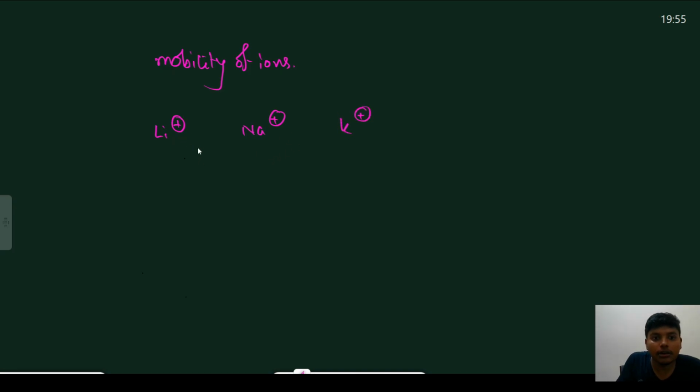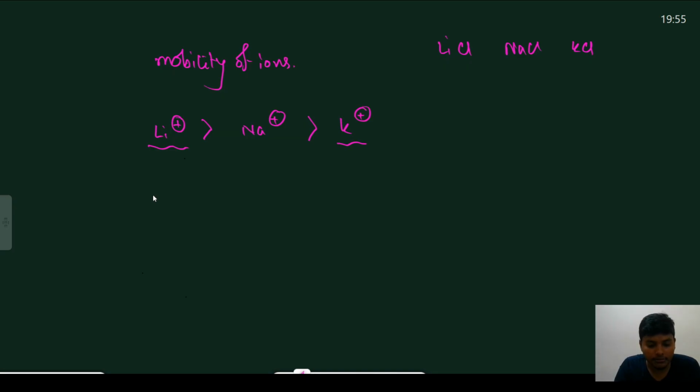Tell me, who will run first? The smaller one will run first or the bigger one? Lithium. So conductance of Li+ will be more than Na+, than K+. So if LiCl, NaCl, KCl are there, who will show more conductance?